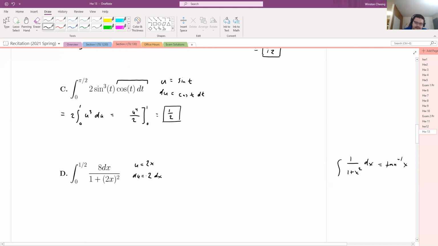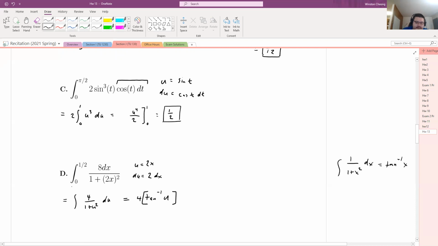And so this is going to take one of the 2's here. When you convert this over, you'll get 4 over 1 plus u squared du, which is fine. We can then just take the integral. So this is 4 arctangent of u, which we would then evaluate.